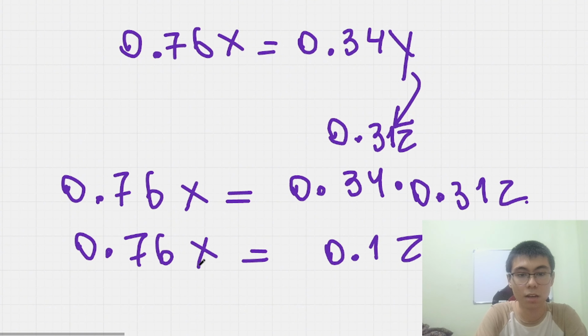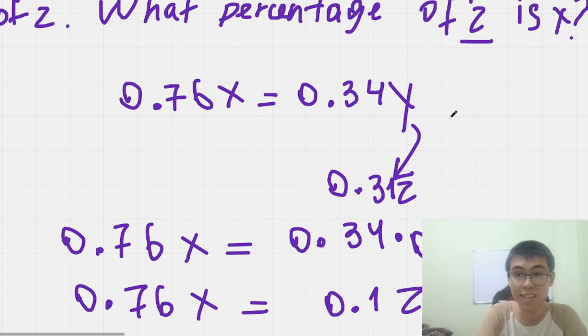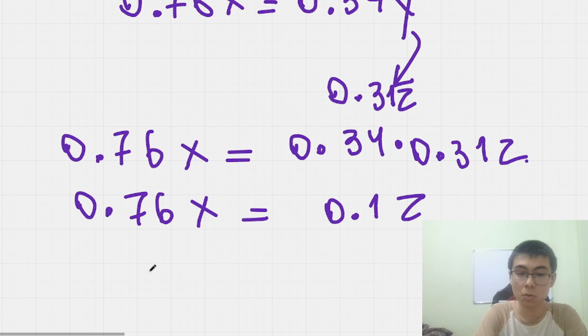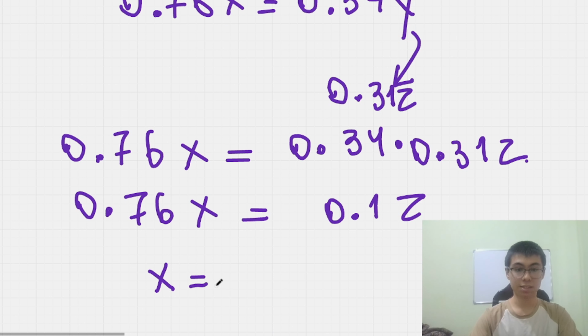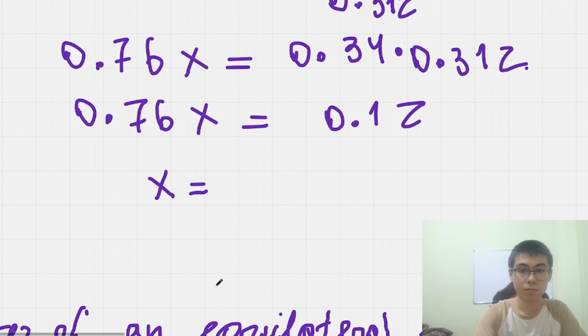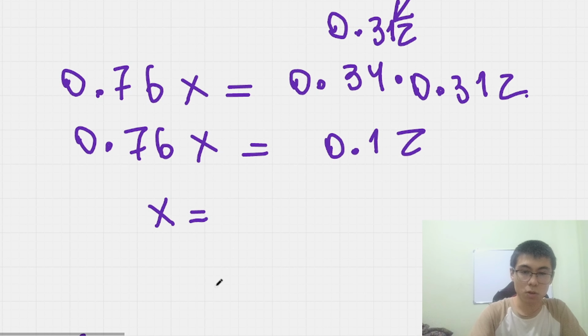So they're asking for the percentage of z that is x. So x equals 0.1 z divided by 0.76. Okay, 0.1 divided by 0.76.